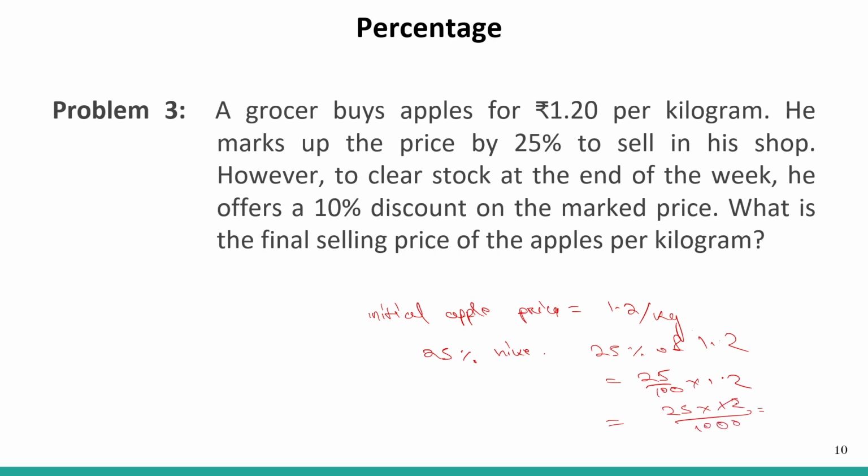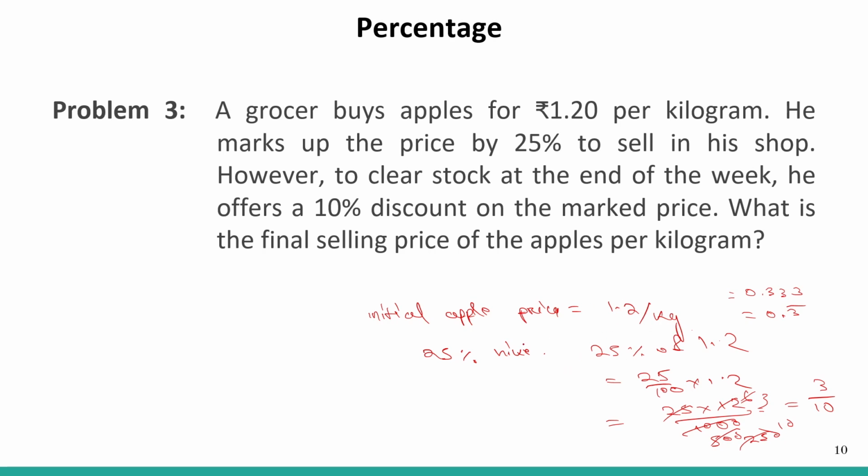Simplifying, it will be 3 by 10, which is the final answer, that is equal to 0.333, or 0.3 bar. So this is the amount that will be hiked.